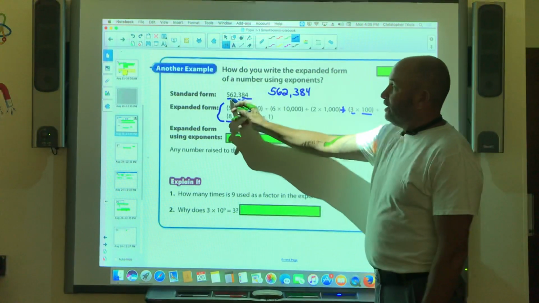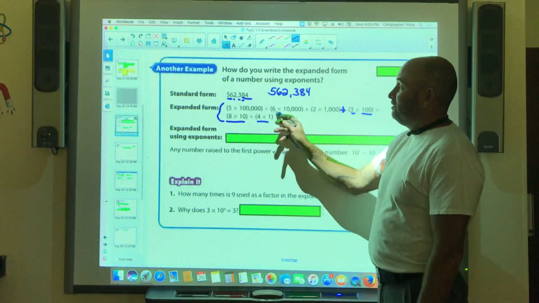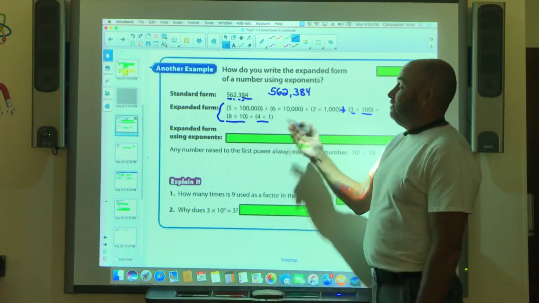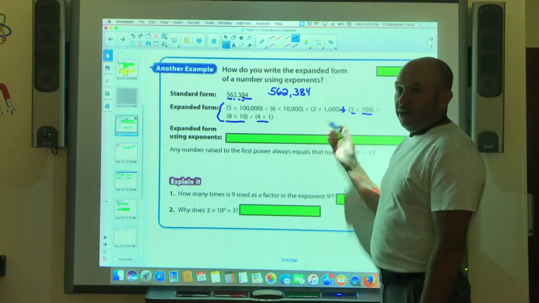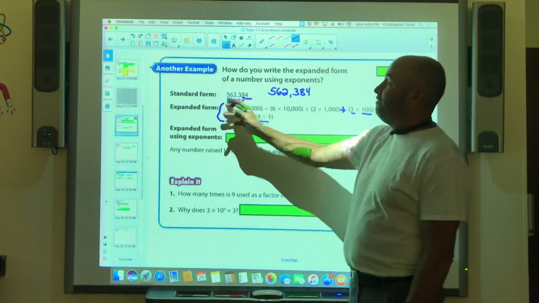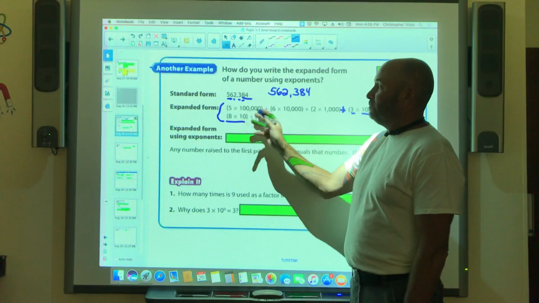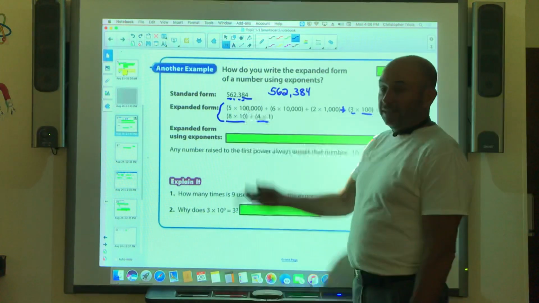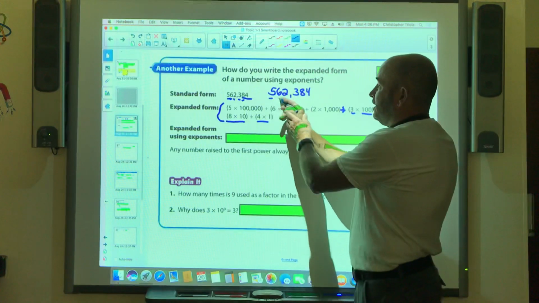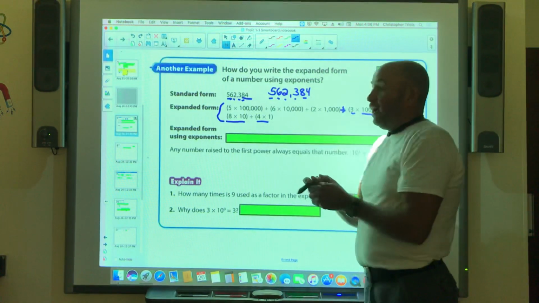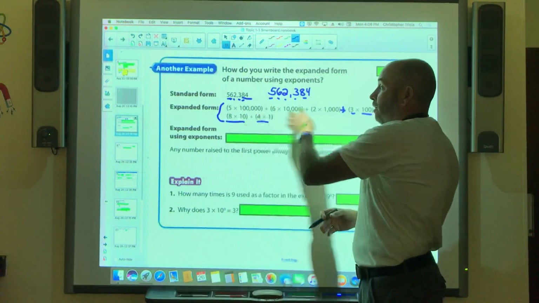Then you go into the 10,000s place, and you have 6 times 10,000, which is quite a bit, and you add that to all the other values. Then you have 5 in the 100,000s place, so you would have 5 times 100,000. So basically, expanded form means that you take each of these digits and rewrite them based on their place value, and then you add them all up together.